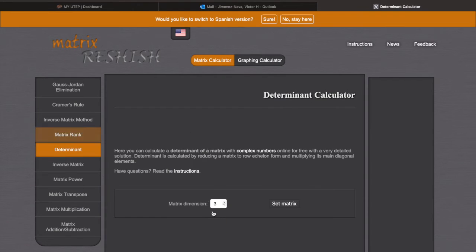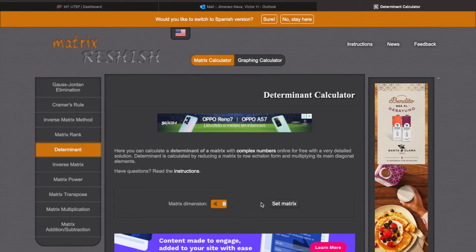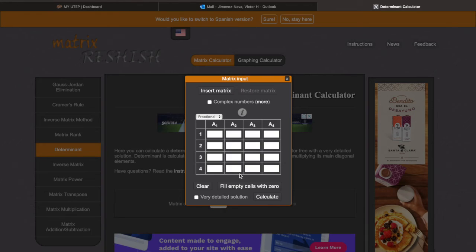Now I need a matrix with size 4 by 4. So matrix dimension 4. Set matrix.